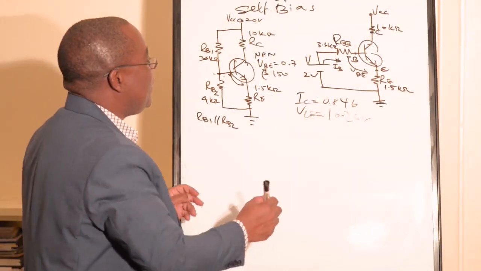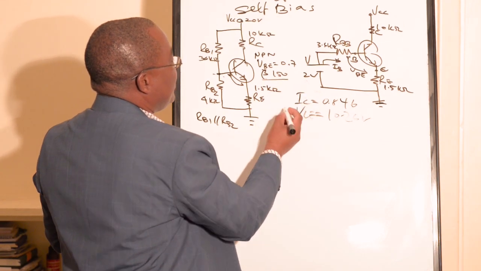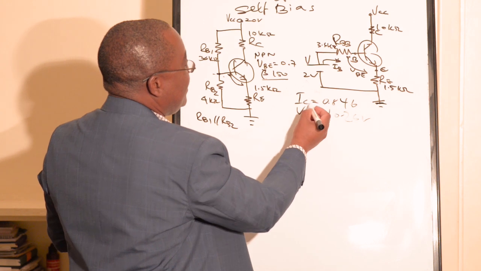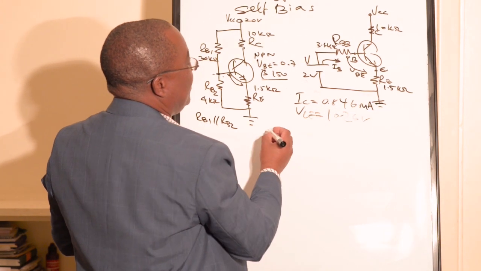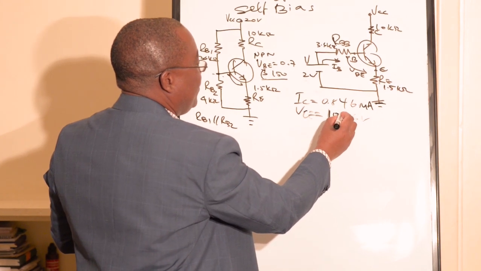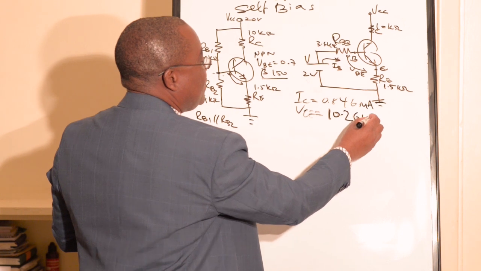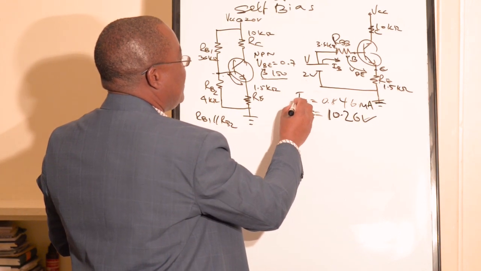Let's continue. We have our values here at beta 150. We have IC, this is a milliampere, and VCE is 10.26 volts.